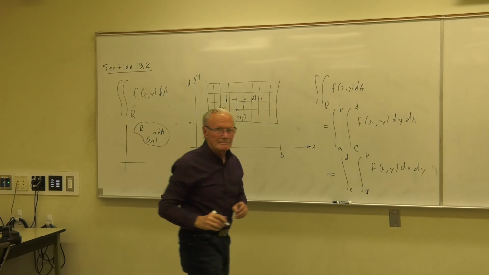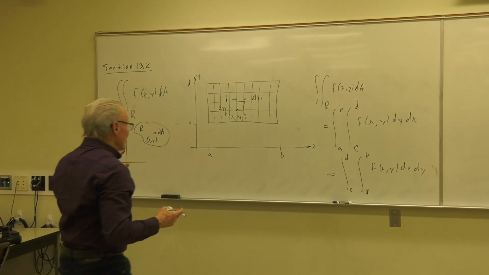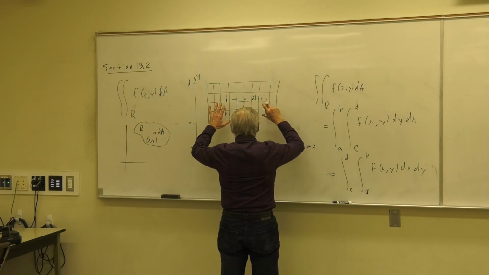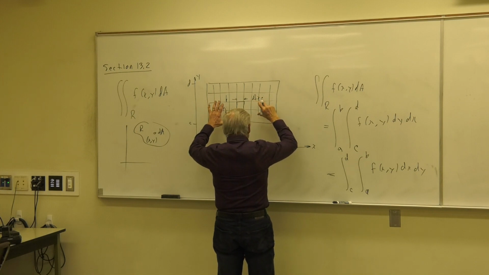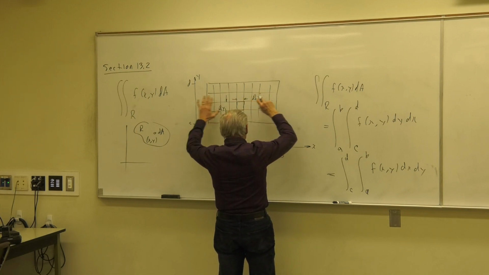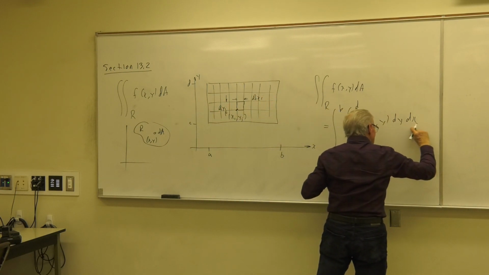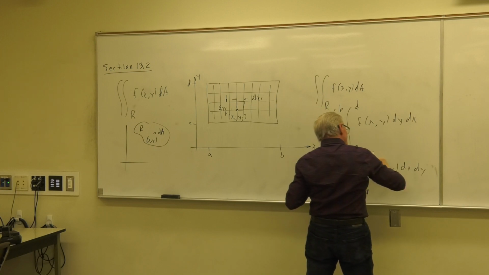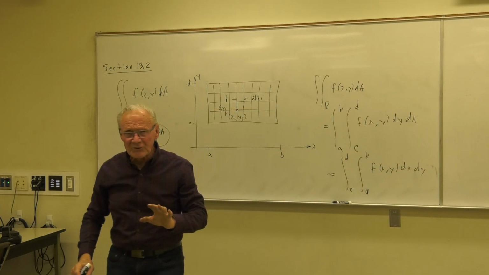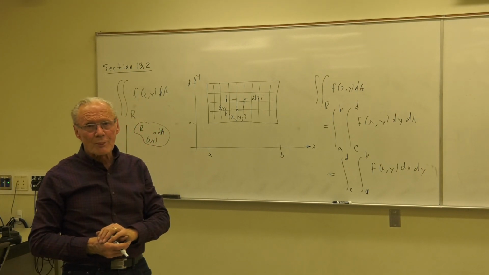It proves that, and I'll leave you to read the proof if you wish. But it proves that you can evaluate this double integral over this rectangle by doing vertical lines and horizontal lines, making rectangles, that you can use this double iterated integral or this double iterated integral, reverse direction. Both of those will give you the answer for the double integral.